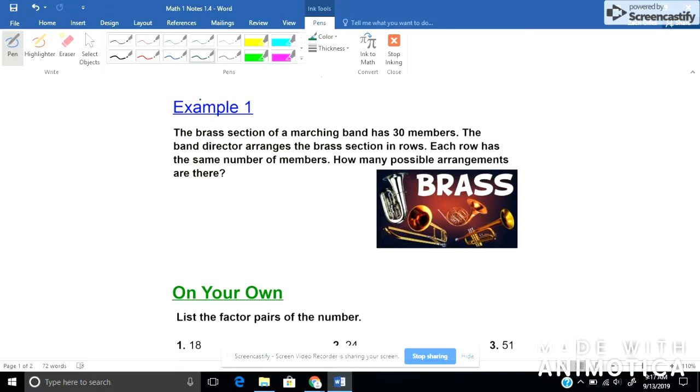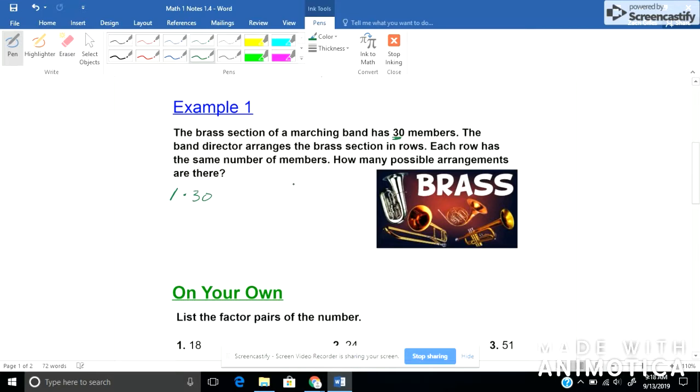Okay, so if I'm thinking of different types of rows and how many students I can have in each row, I guess I'll first start with there could be one big row, and it could have 30 kids in it. So one row of 30 would give me that total of the 30 members.